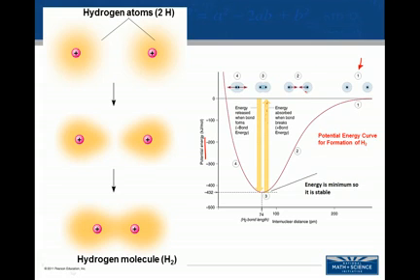As they move closer together, however, this potential energy will start to change. As they move closer still, we may actually have them close enough together that they become known as one H2 molecule. If they get too close together, then they're going to repel right back out.